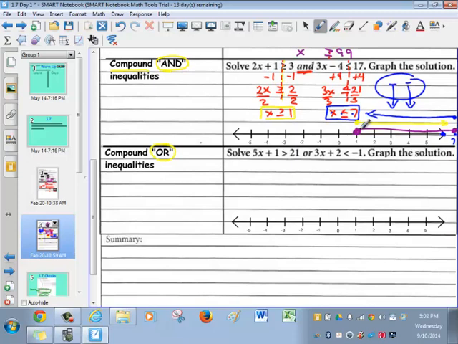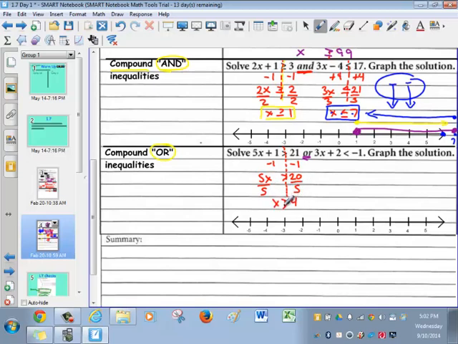Now this one down here is a little bit different. This is the or one. Again, the first step is to solve this algebraically. We'll subtract the 1, subtract the 1. So I have 5x is greater than 20. Divide by 5. So I have x is greater than 4.